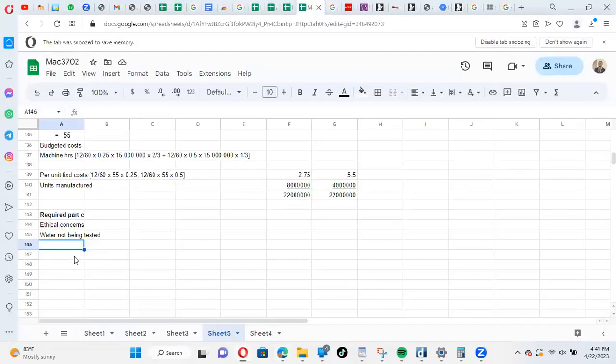We need 3 points. So let's say remunerating employees below minimum wage, and then employing undocumented foreign workers.